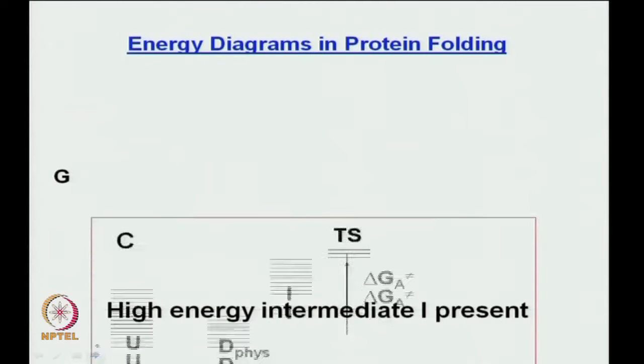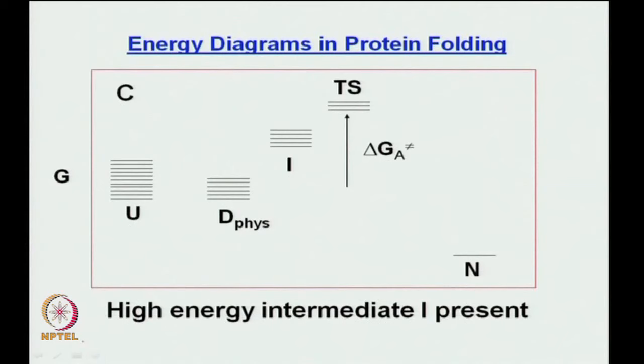Okay. Now, let us consider this. Here we are now invoking an intermediate, the presence of an intermediate. Now, what does the presence of an intermediate do for you? In this case, it just gives rise to another state, an intermediate, which is I here. So, this is the intermediate, but here this intermediate is a high energy intermediate. So, the intermediate essentially does not affect your kinetics. So, in this case your k_f is still what?